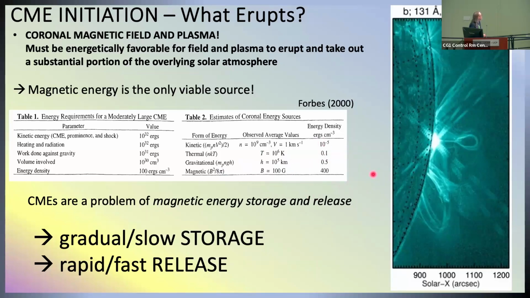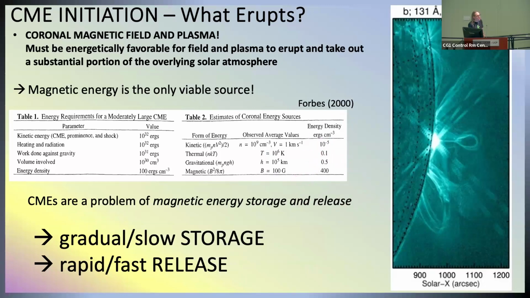And the only thing that's got anywhere close to the energy density you'd need to blow out a whole portion of the solar atmosphere is the magnetic field. At a characteristic field strength of 100 Gauss, which is actually pretty low, since sunspots are often kilogauss, even just taking 100 Gauss, at the same coronal volumes, that's the thing that's got the energy.